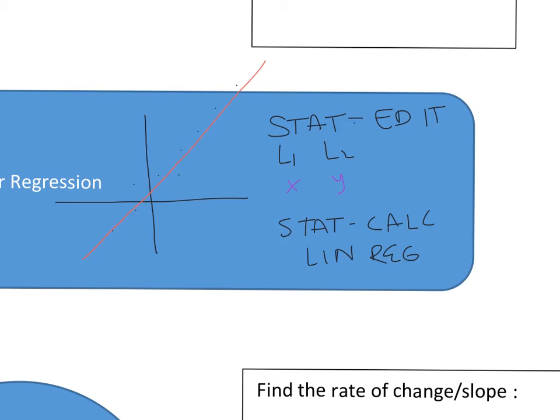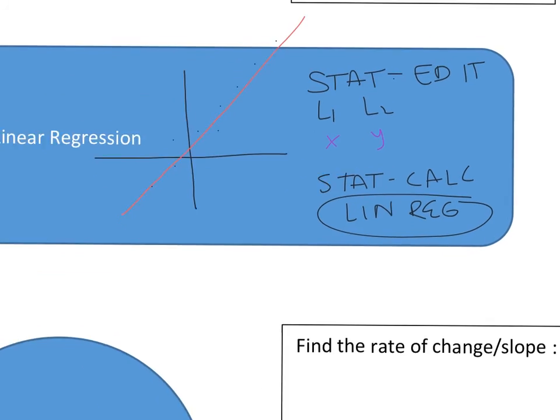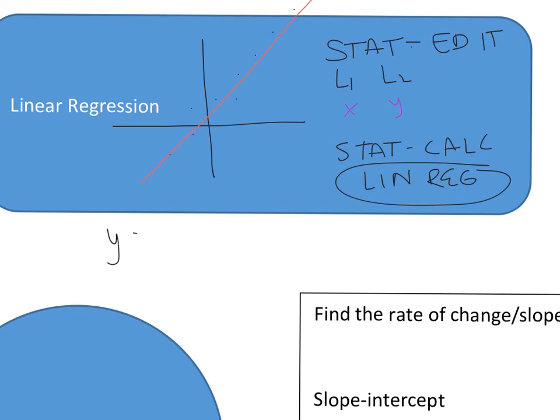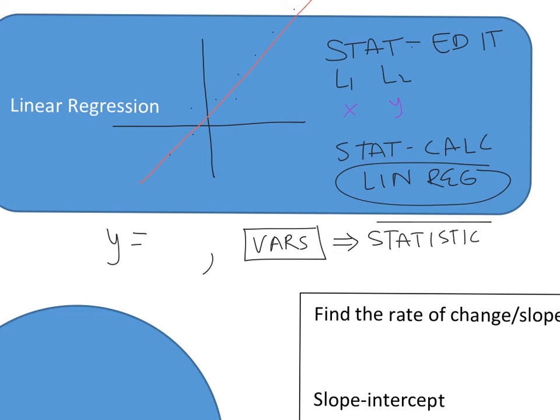I want you to store this function in your calculator by going into your y equals screen, hitting the variables button, then sliding down to the statistics button, then going over to the EQ button, which is equation, and then choosing the regression equation.